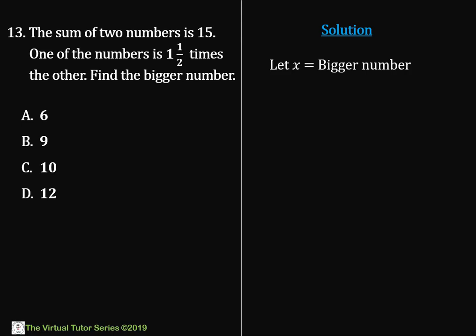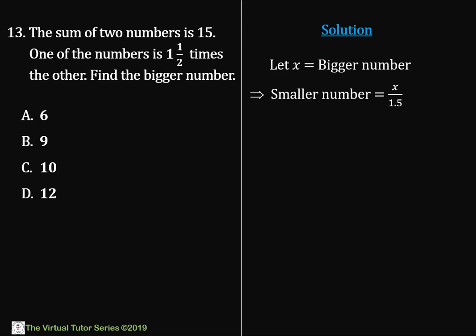We are told that the bigger number is 1.5 times the smaller number. This implies that the smaller number is the bigger number divided by 1.5. That is, the smaller number is x over 1.5.